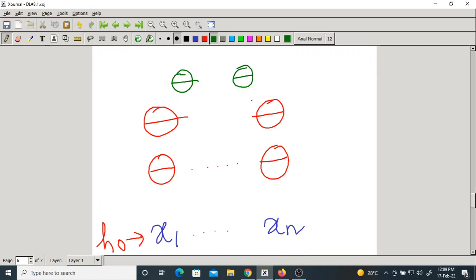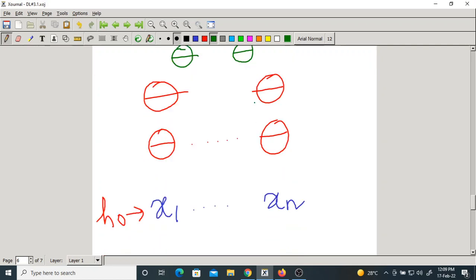Okay, so here we have the pre-activation A1, that is this. Next we have the activation h1. Observe, firstly, this is the pre-activation and the activation of the first hidden layer. Next, A2, this, h2, this.